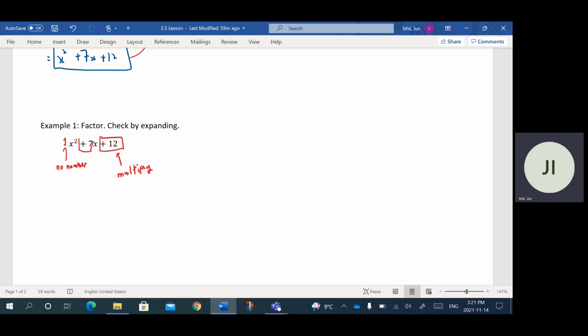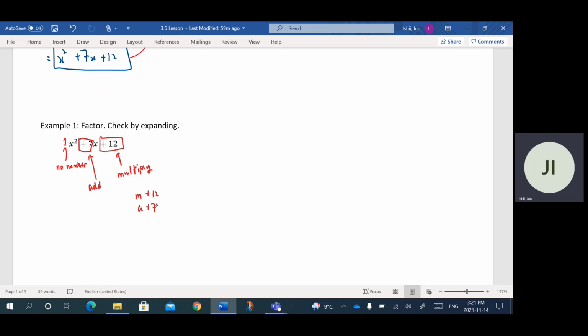And the same two numbers that multiply to 12 must add to the number in front of the x, which is 7. So I want two numbers that multiply to positive 12 and add to positive 7. Once you do this enough, you could probably do it in your head.